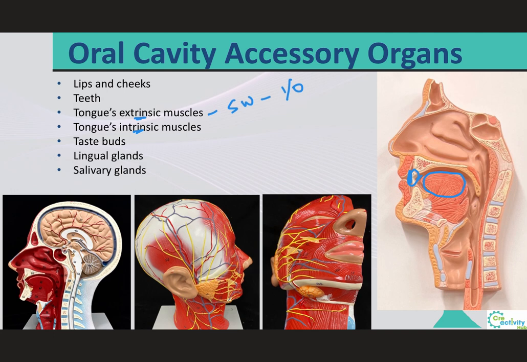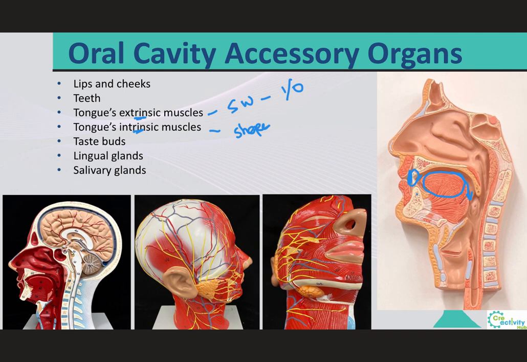While the intrinsic tongue muscles are going to be important because they will change the tongue shape, and this will facilitate the swallowing process. Now, the taste buds are going to be important because they will sense the food in the mouth and also the taste, which are going to be important for stimulating saliva secretion.